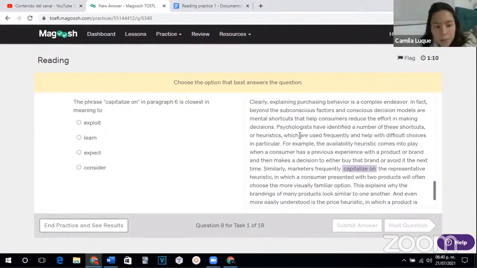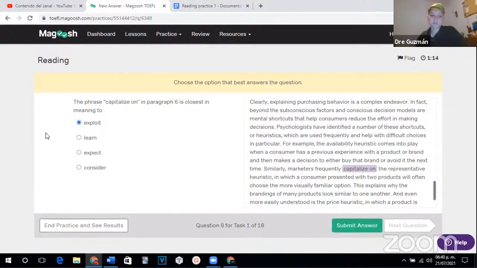The first one, maybe. Exploit. Okay, why do you think it is this one? Because it is not learn and expect and consider neither. So yeah, no, por el proceso de eliminación. Yes. Yeah, exploit can usually capitalize on it.